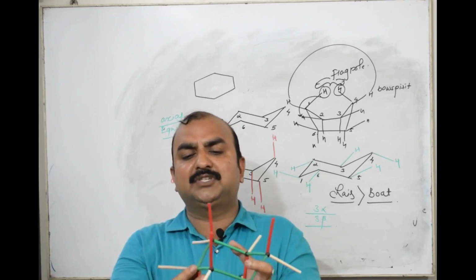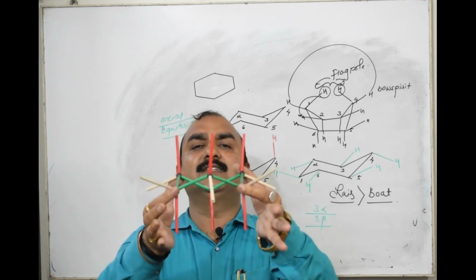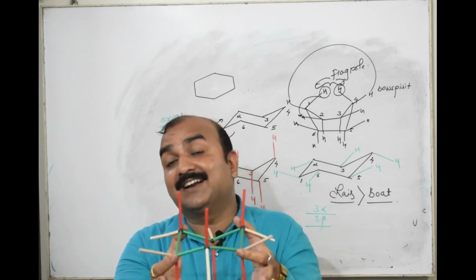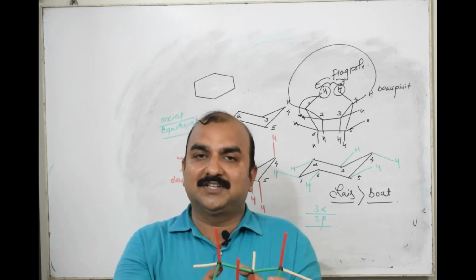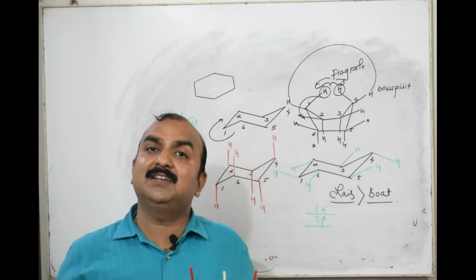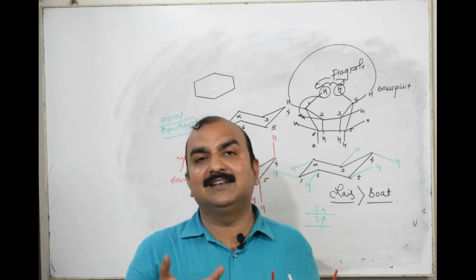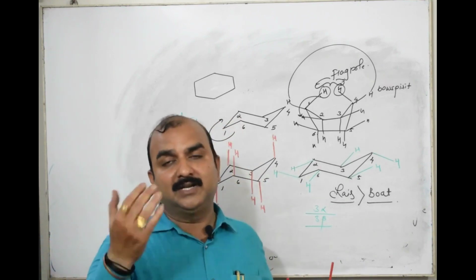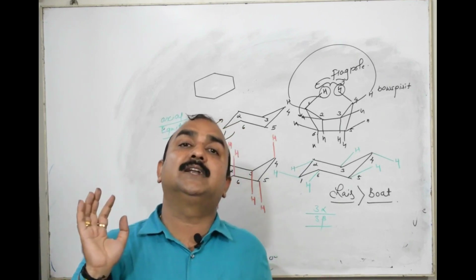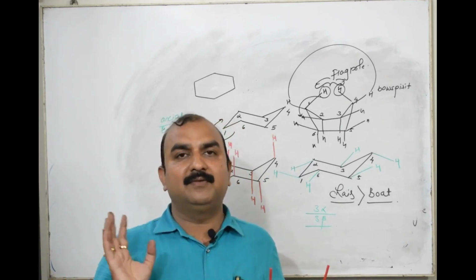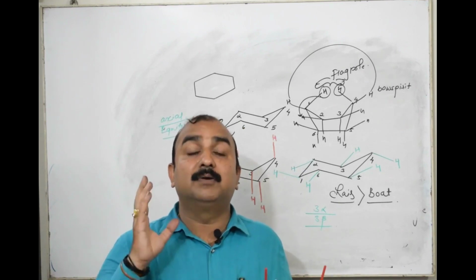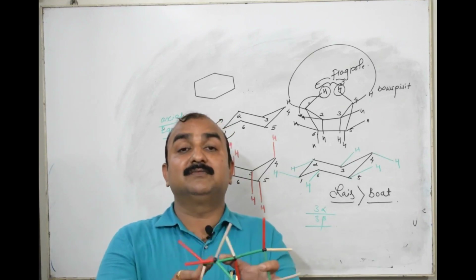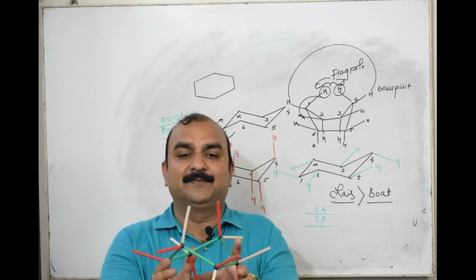And if you see the Newman projection of the chair, it is all staggered, and if staggered conformation is there, there is no torsional strain. So chair conformation is free from angle strain because the dihedral angle is 109 degree, and according to Baer, internal angle minus tetrahedral angle is 0, so it is free from angle strain and free from torsional strain. But the boat conformation contains torsional strain, because of the eclipsing interaction.